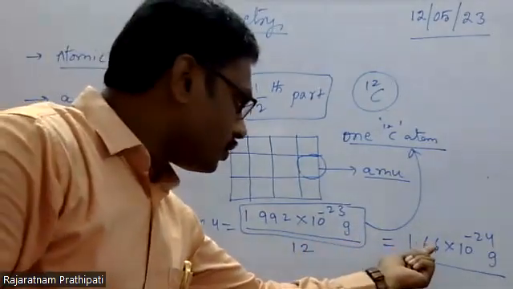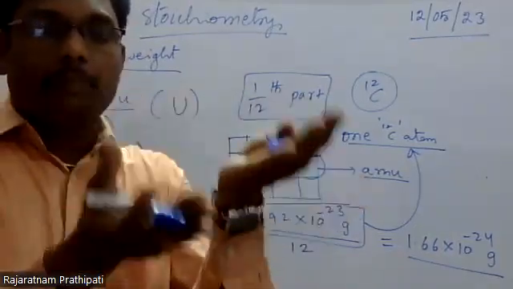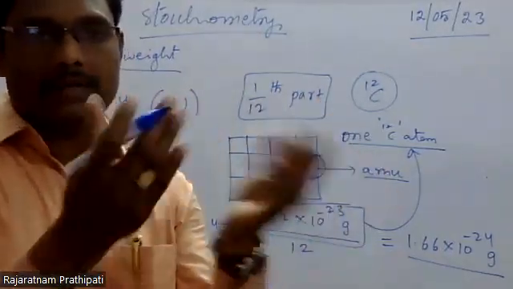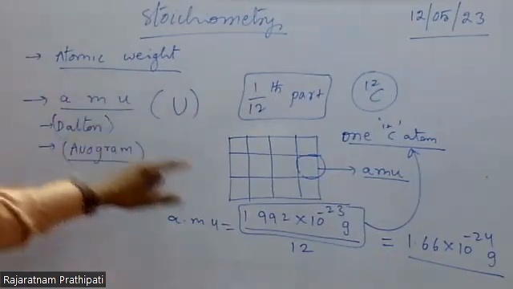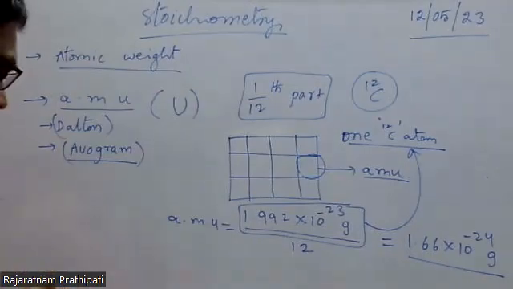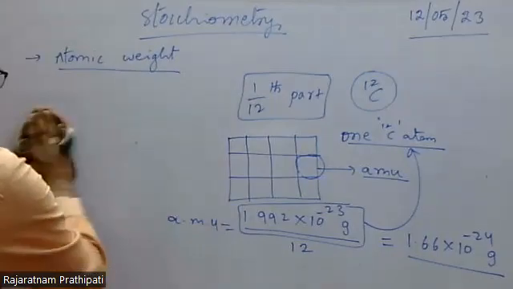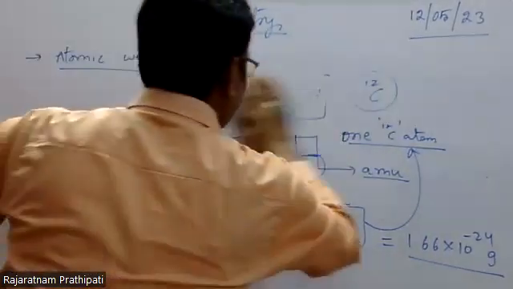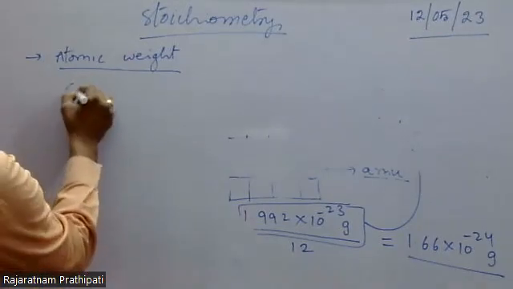This value is taken for the comparison of the relative mass of atoms. That weight is called relative atomic weight. Now come to the point. How can we define this relative atomic weight? Here we have one atom of sodium.